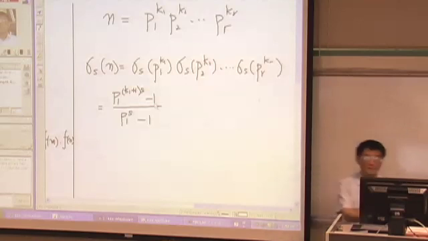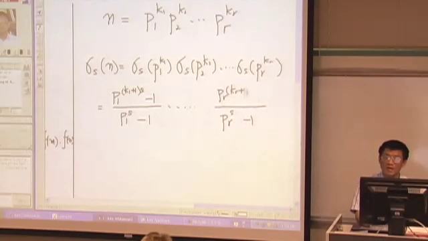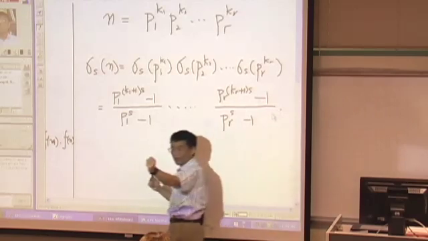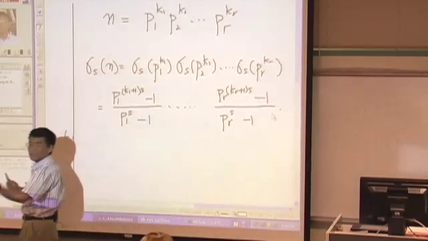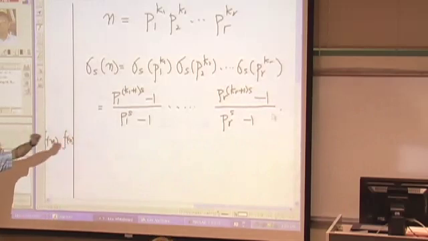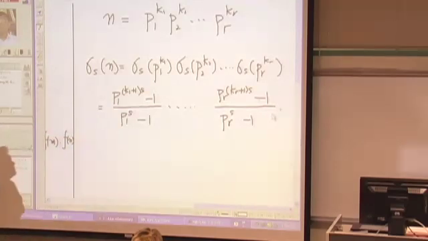And then you can just copy these things up to (pr to the power of (kr plus 1)s minus 1) over (pr to the power of s minus 1). So we solve this for any s. s could be 0, s could be 1, s could be 2, and so on. Assume that s is 0. Then what do you get?